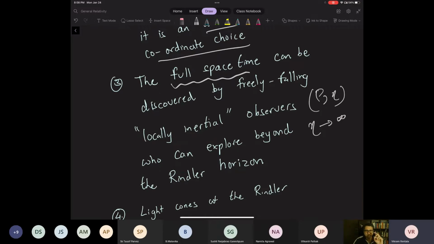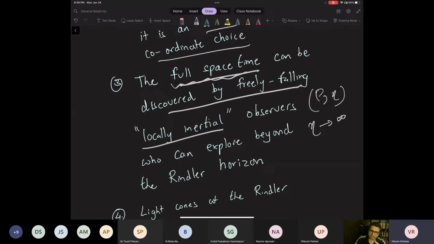But the inertial observer who crosses that Rindler horizon, or if I can think of these inertial observers as freely falling observers in a uniform gravitational field, these inertial observers can explore the full space-time. They can go beyond the Rindler horizon. So the full space-time can be discovered by freely falling, or what we call locally inertial observers.